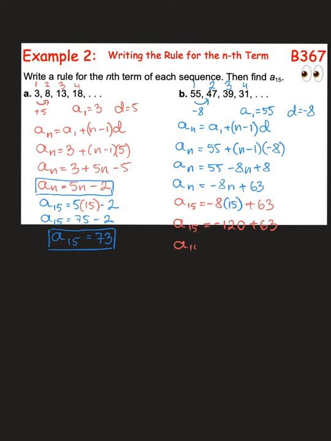So the 15th term in this pattern is going to be negative 57. So here is our 15th term, and here is our formula.